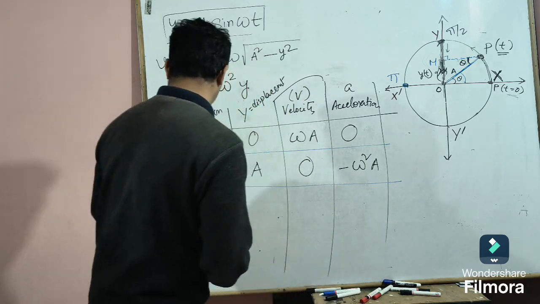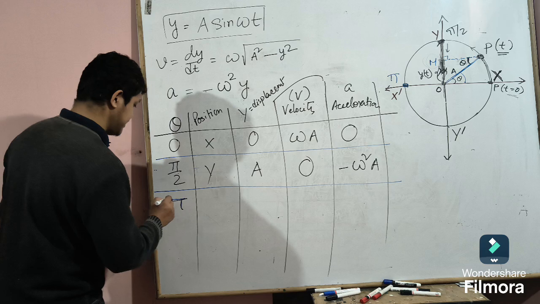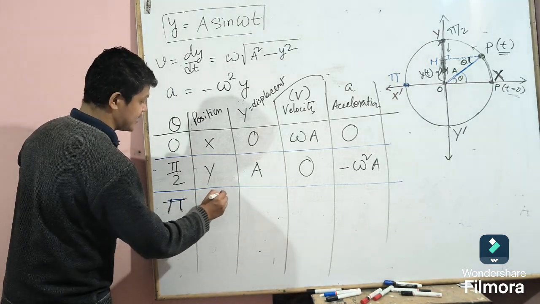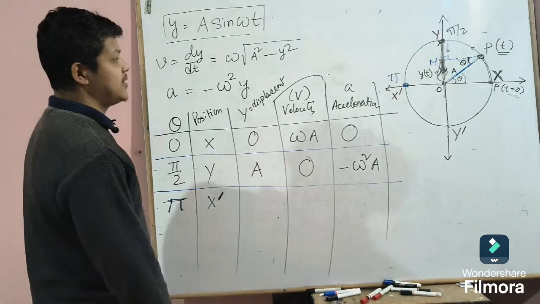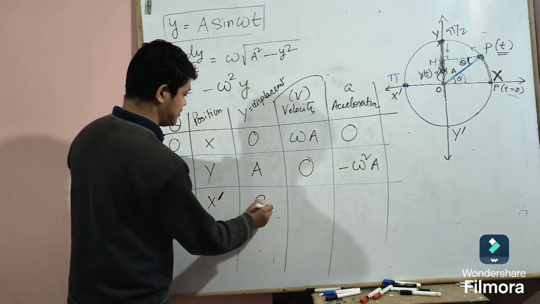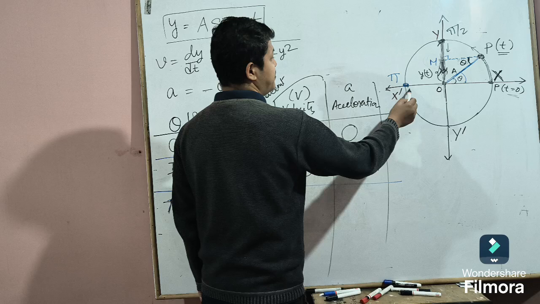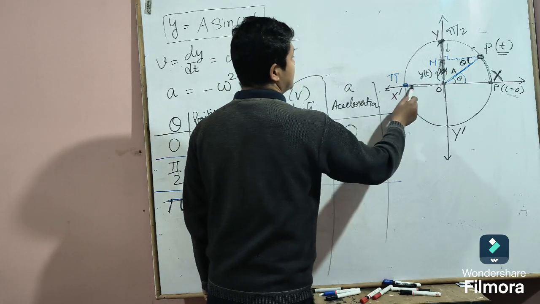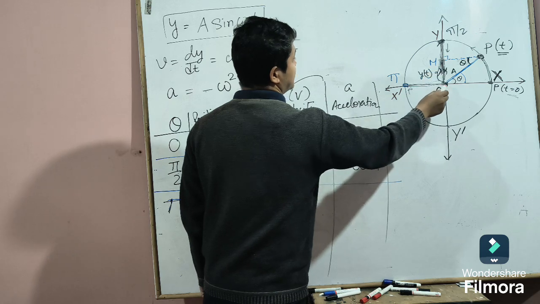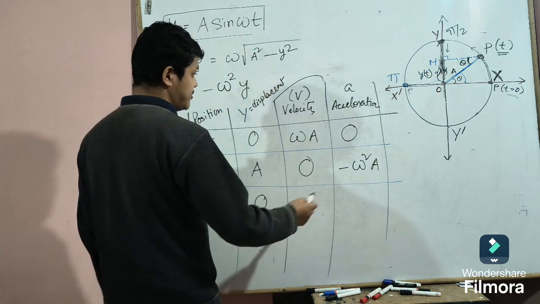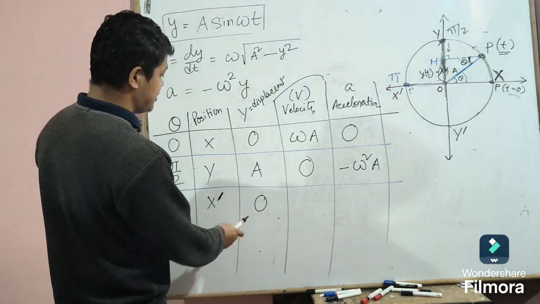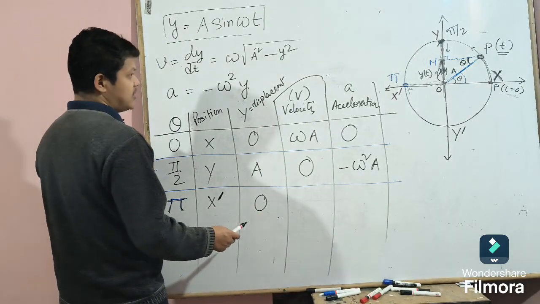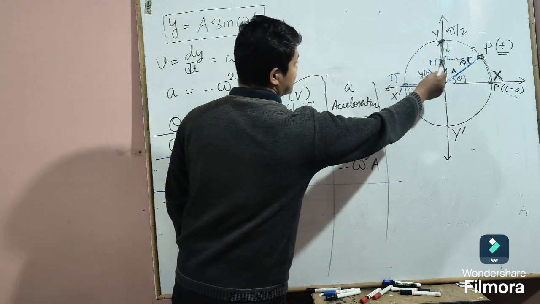So let me write with the black ink, this is pi, then the particle is at x dash, okay? And displacement is again 0. So that means when the particle p is here, the perpendicular on the y-axis is this, and then m comes to the origin O, so OM is equal to 0, so displacement equals 0. And velocity, now m is coming downward, right?